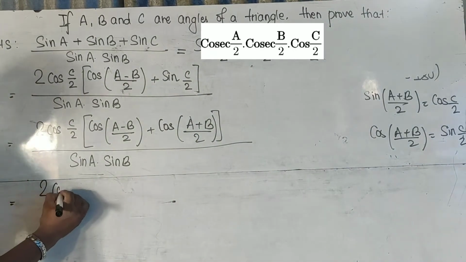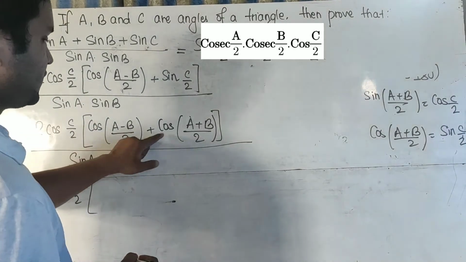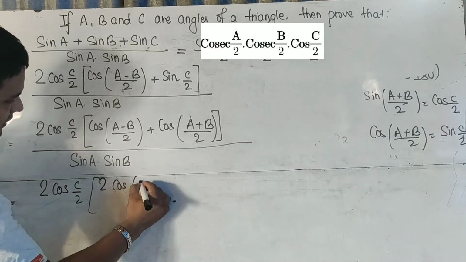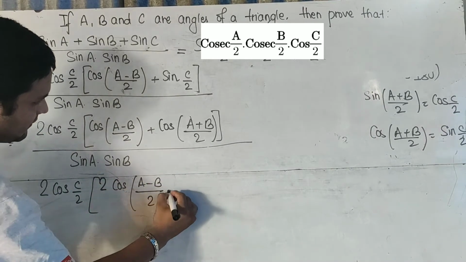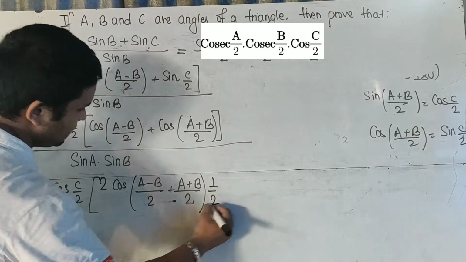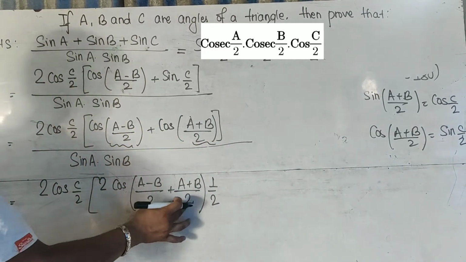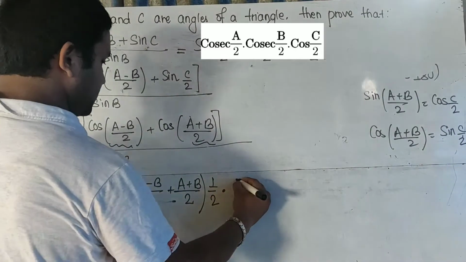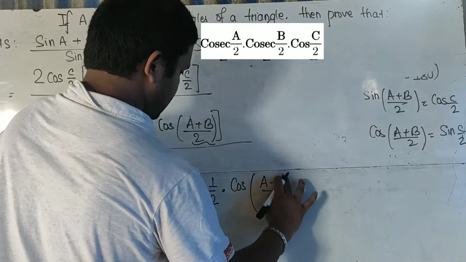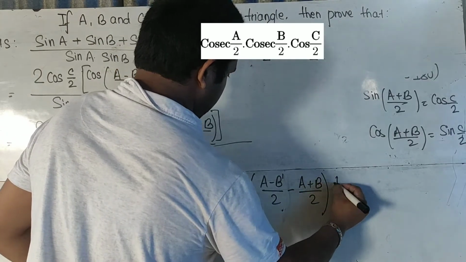Now keep solving the problem. You have 2 cos C/2. Now you can assume this to be cos C plus cos D, and the formula is 2 cos((C plus D)/2) dot cos((C minus D)/2).